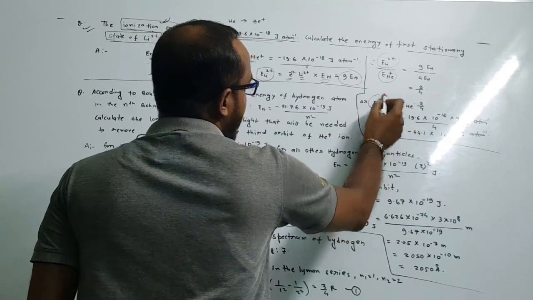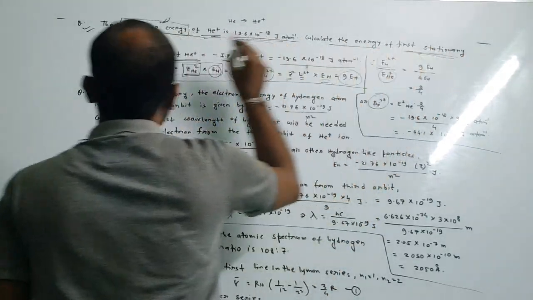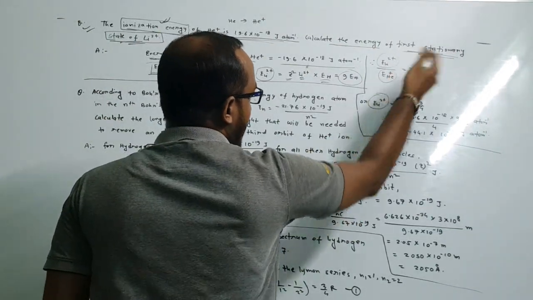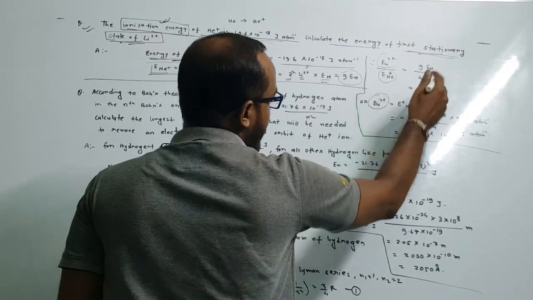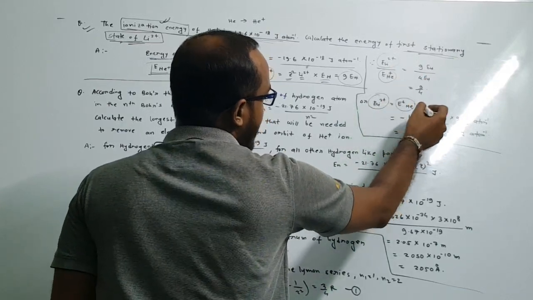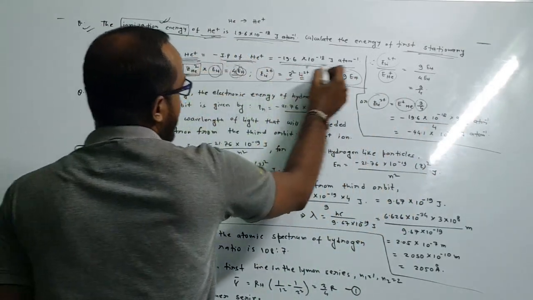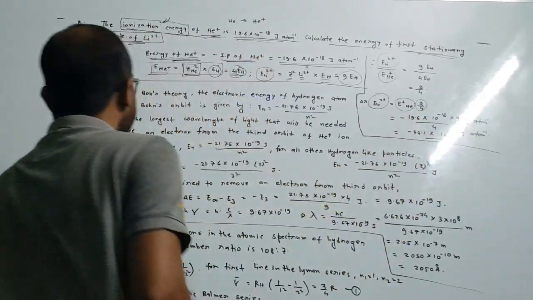You have to find the energy of the first stationary state of lithium 2 plus. So E lithium 2 plus would be E helium plus into 9 by 4. We know E helium plus as this. Put the values and you will get the answer.